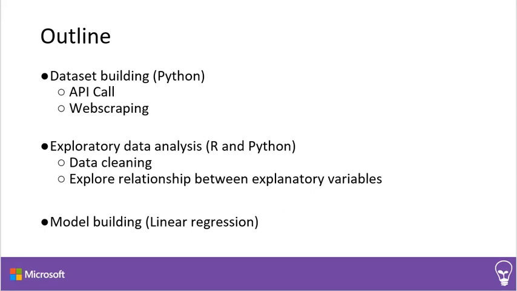After the dataset building part, we move on to the data analysis part, and that basically starts off with data cleaning, which is a very important part that you have to carry out before analyzing anything, because if the data is not clean enough, that can lead to false results, or the algorithm may not work as well as you want it to.